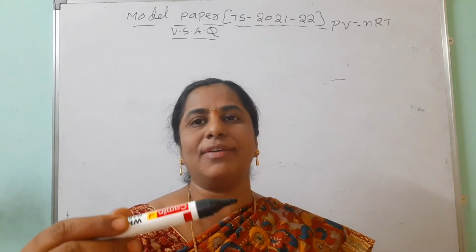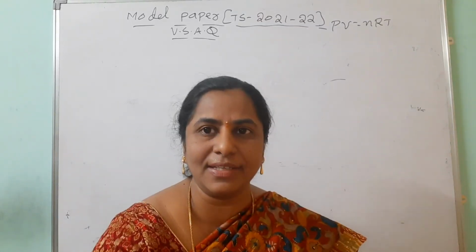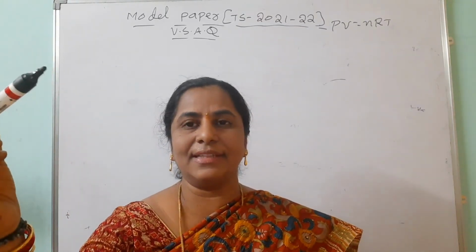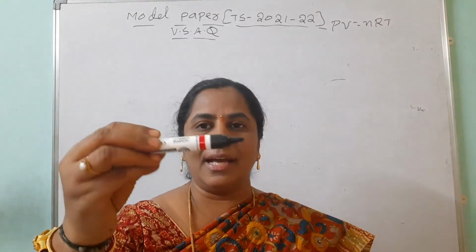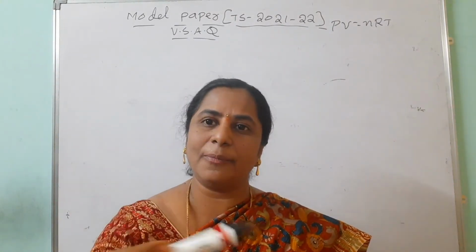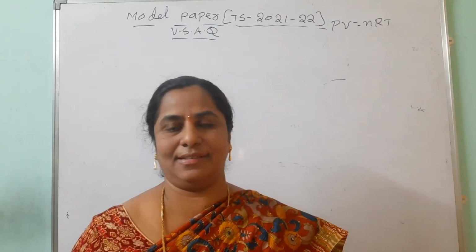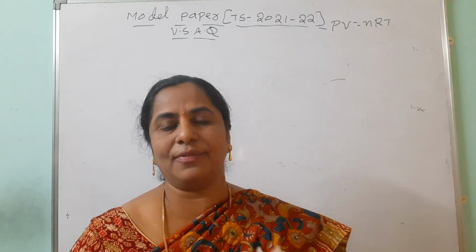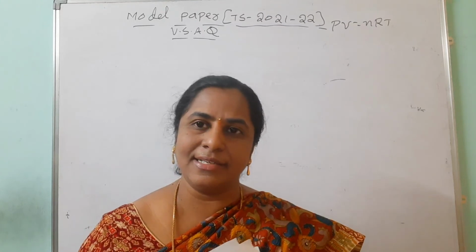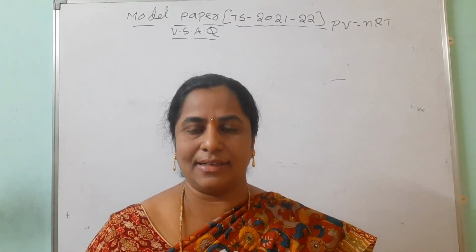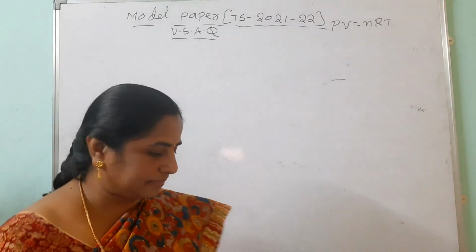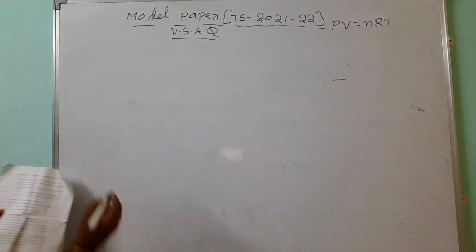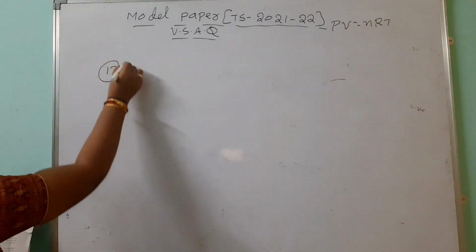When we are using the vernier calipers, one is giving 3.9, one is giving 3.8, one is giving 4.2, but which is nearer to the true value? 3.9. So that is the accuracy. When we are concentrating and improving the experiment techniques, we can eliminate these errors and we can get more accurate readings.